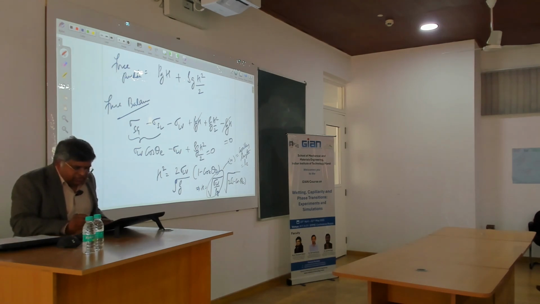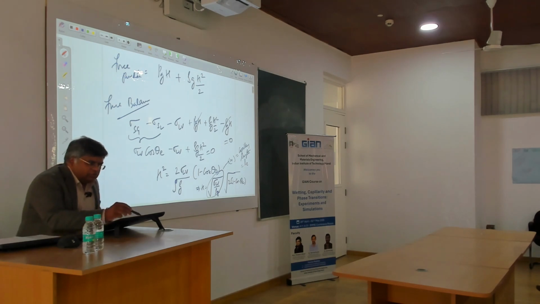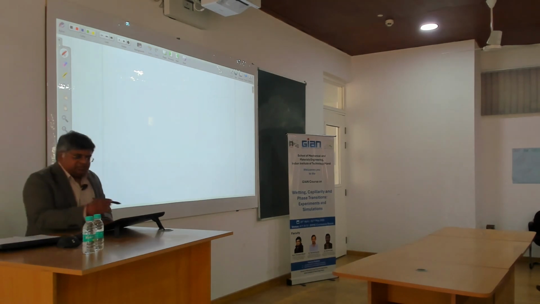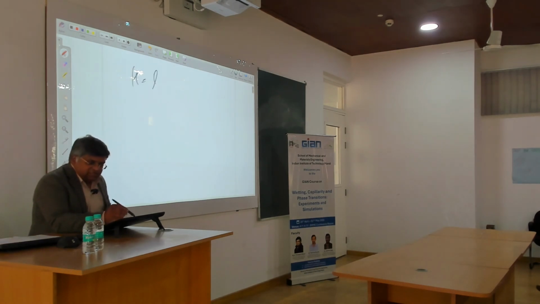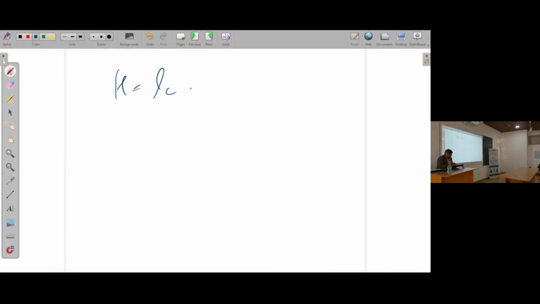Now you would get the height of the puddle as LC times the square root of 2 into 1 minus cos theta e. So very simply, if someone asks you, I have a low contact angle fluid, and I've poured it on a surface which has an equilibrium contact angle of so and so, what is the height of the puddle?